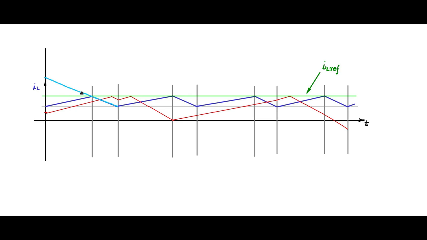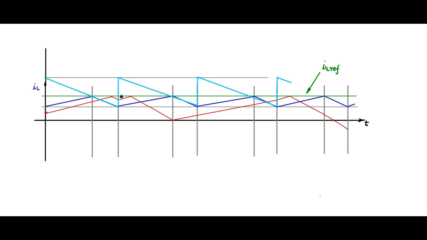This is the slope line that we will use for this time period Ts. We will repeat the same sloped line for every time period. So using that as a marker, let me repeat the same slope line for the next time period, then the next time period too, and so on.